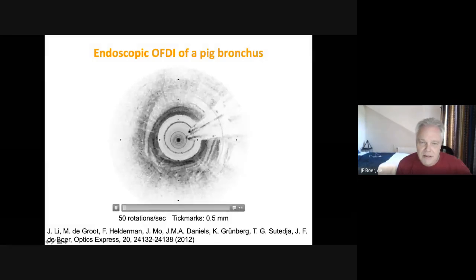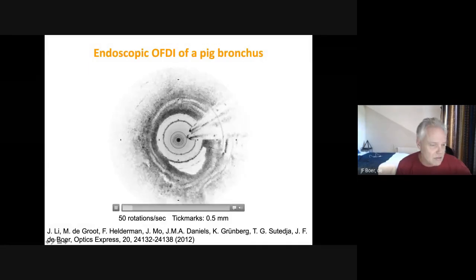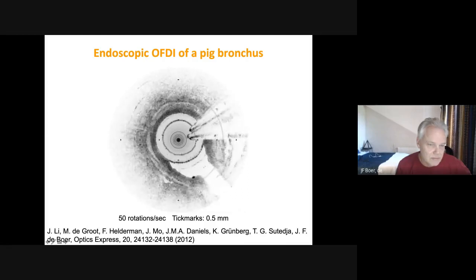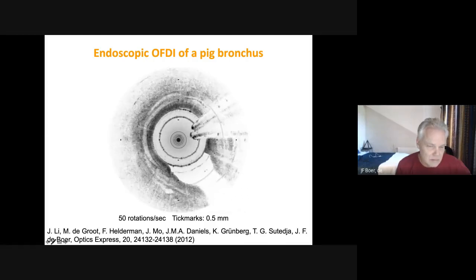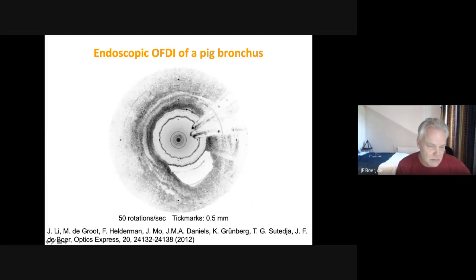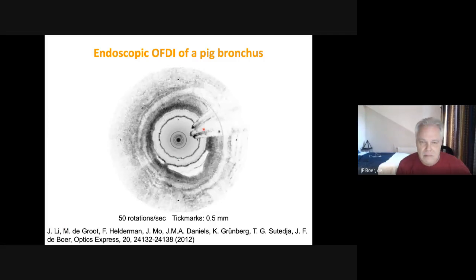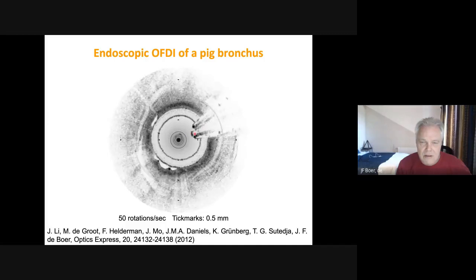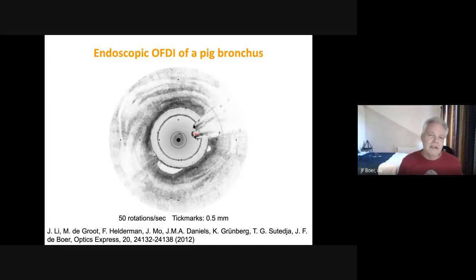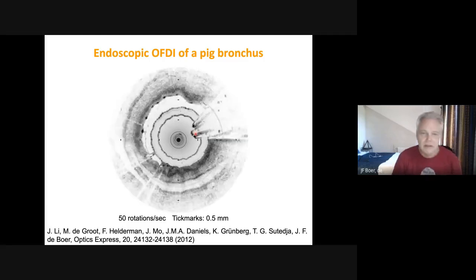So to give you an idea, can you see my pointer? No, you cannot. So these structures here are the wires that feed current to the motor.